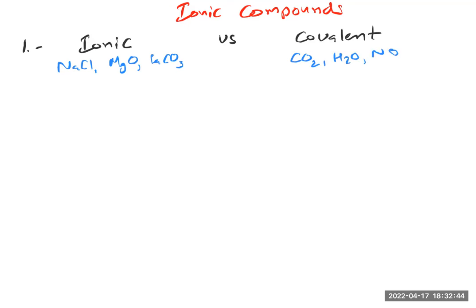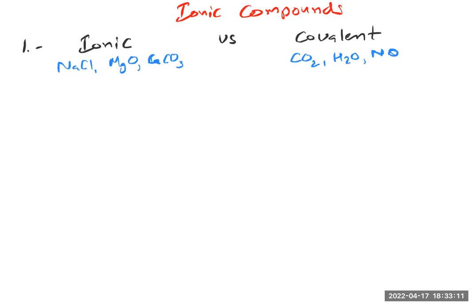Now, immediately we can see that the covalent compounds only contain non-metallic elements. Okay, but ionic compounds contain non-metallic elements as well as metallic elements. So if we have a metallic element in a compound, most likely that compound is an ionic compound.